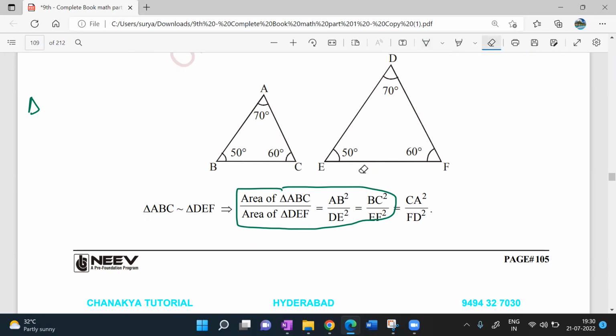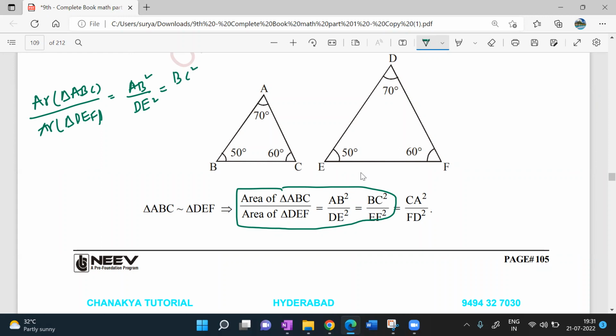Area of triangle ABC upon area of triangle DEF is equal to AB square by DE square is equal to BC square by EF square.